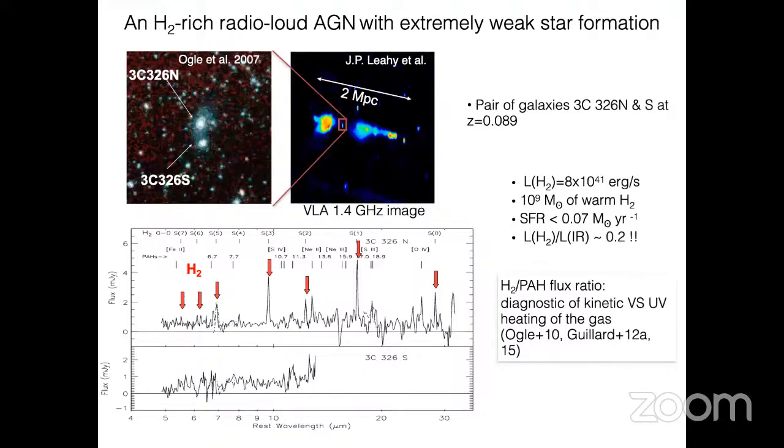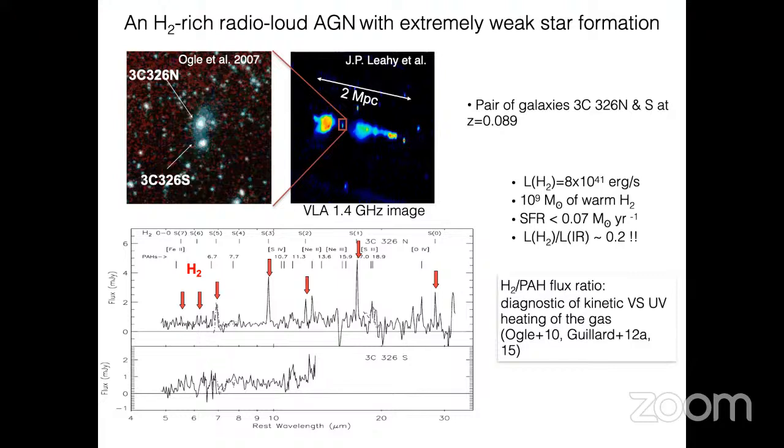So what we've done, we've started with a couple of those galaxies that are nicely characterized with many other data sets, including Centaurus-A, but I'm going to talk about another one here, 3C 326. It's another radio galaxy where you've got the Spitzer spectrum, quite old now, which was dominated by those pure rotational lines of H2.